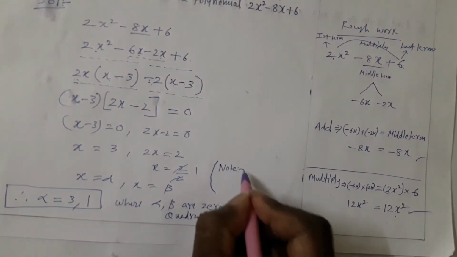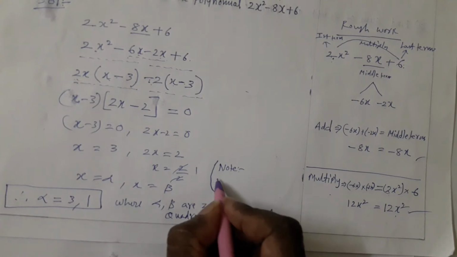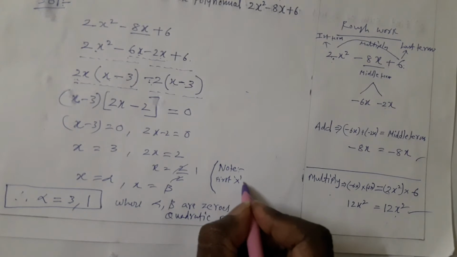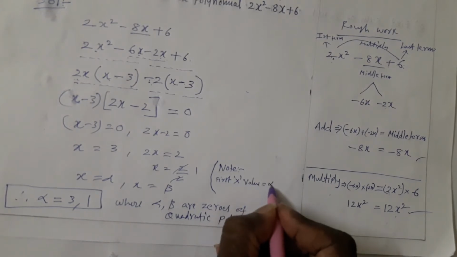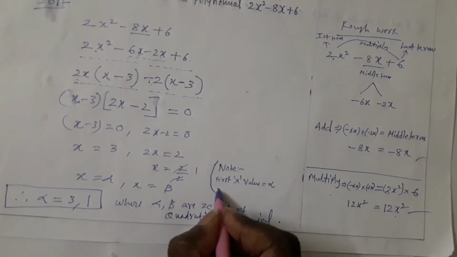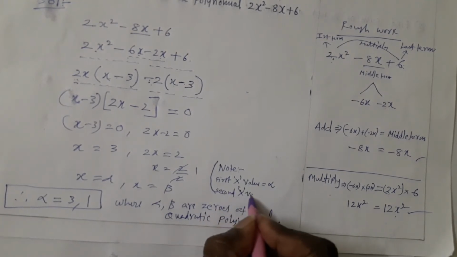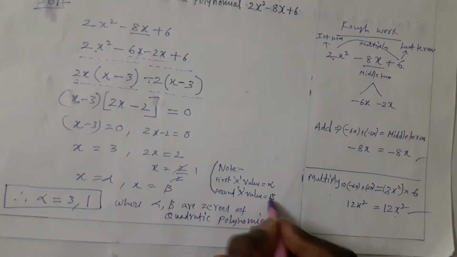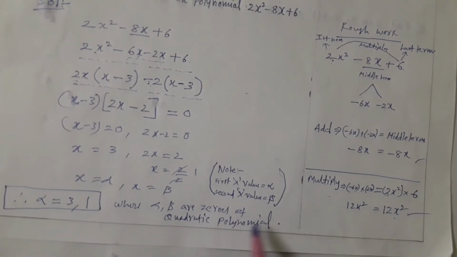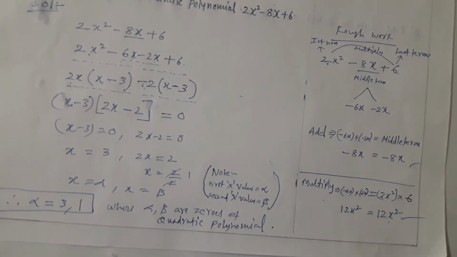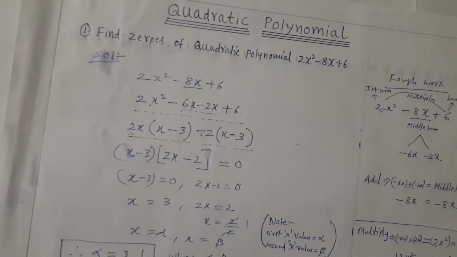Note: the first x value is alpha, the second x value is beta, and alpha and beta we call the zeros of the quadratic polynomial. That's it. We go to the next question.